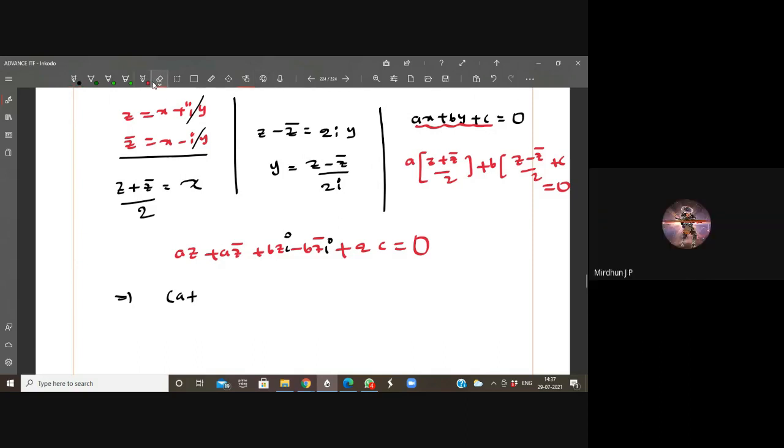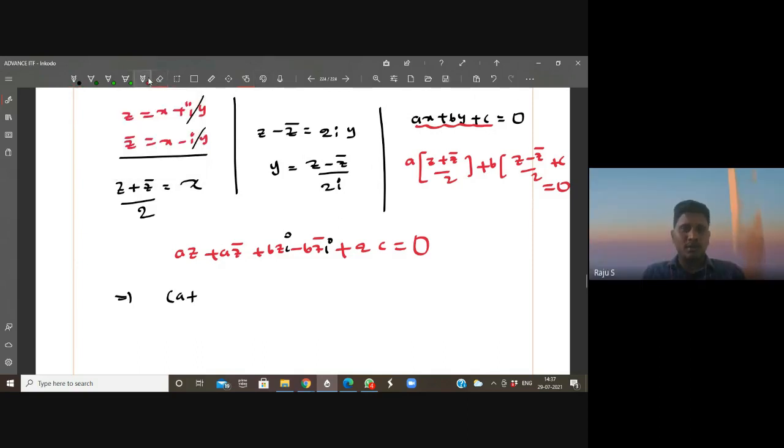It is clearly minus iota. Remember that. So minus iota, you have to substitute here. Minus into minus, here it is a plus, but here minus. So this is equal to minus iota b into z, minus into minus plus b into z conjugate iota.